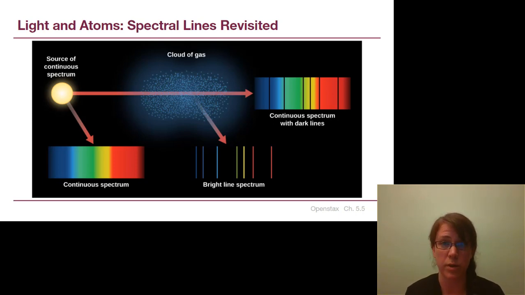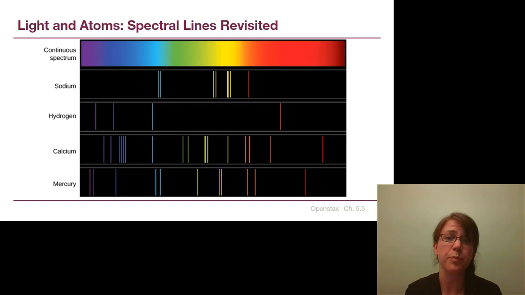What that means is we can look at which wavelengths are being absorbed if we're looking through the gas at a continuous source, or what wavelengths are being emitted if we're looking straight at the gas. And that tells us what element we're talking about, because, as we said earlier on, every element has a unique fingerprint.